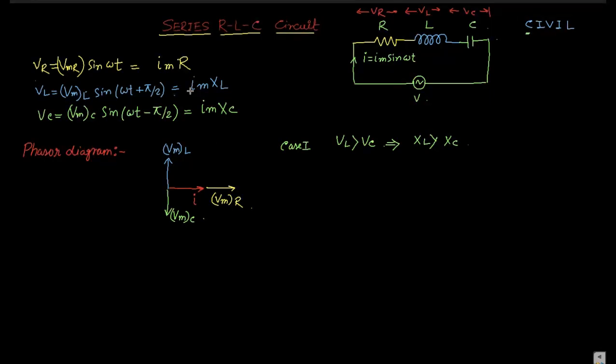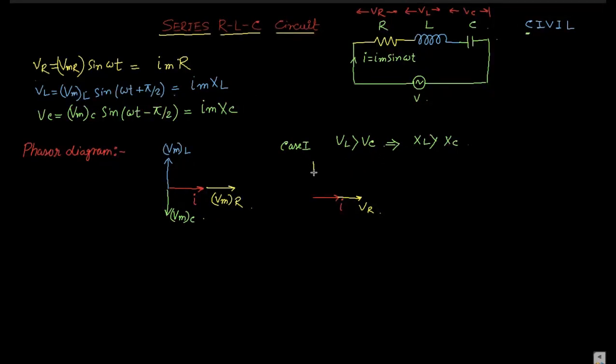Now what is the phasor diagram? Again you consider I as the reference phasor. In the same phase, VR is also there, and VL is greater than VC.